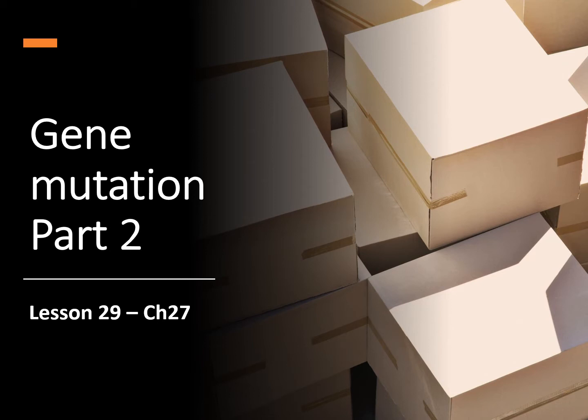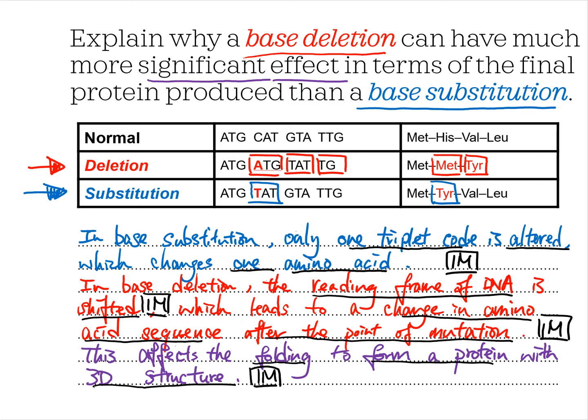Let's start. From the last lesson, we know that there are 4 types of gene mutation. There are insertion, deletion, substitution, and inversion. And among the 4 of them, deletion and insertion of base will affect the protein produced a lot more than the substitution and inversion, because in base insertion or deletion, the reading frame of the DNA is shifted, which will lead to a change in amino acid sequence after the point of mutation.